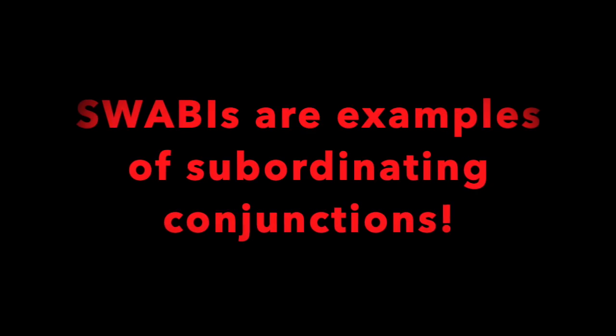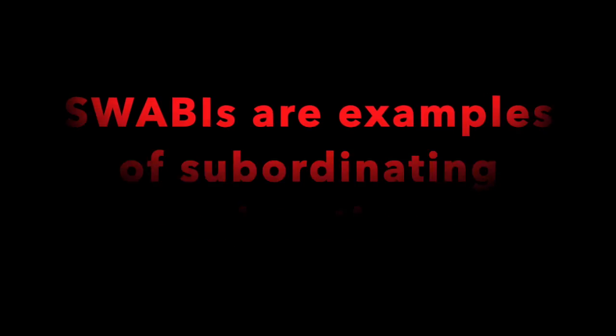To take an independent clause and make it into a dependent one, a way to do that is to use the swabbies, which are words like since, when, as, because, if, but there's a bunch more besides those. Those are the ones that they kind of focus on in No Red Ink. When you put one of those words at the beginning of an independent clause, it makes it dependent.